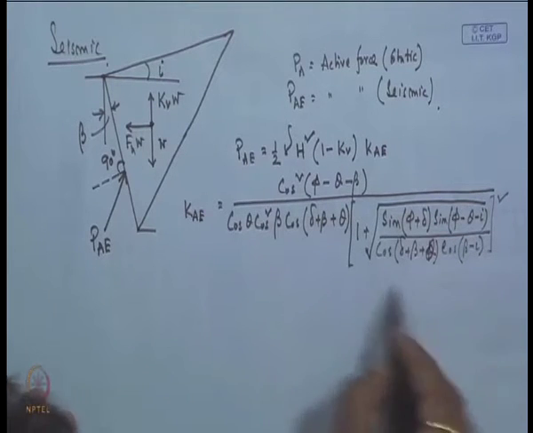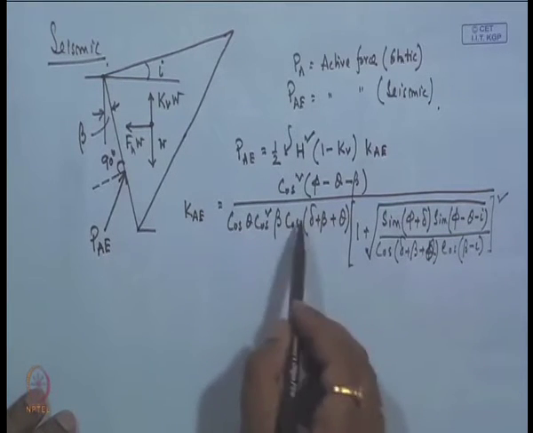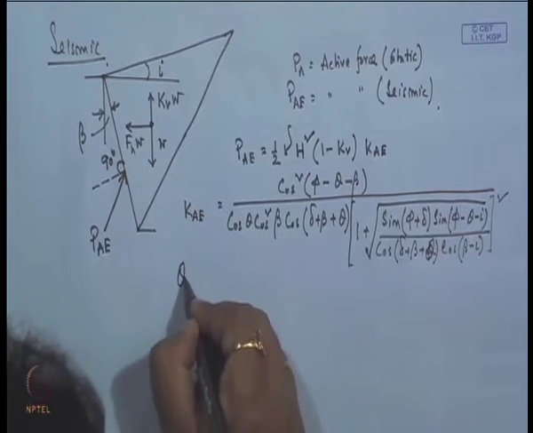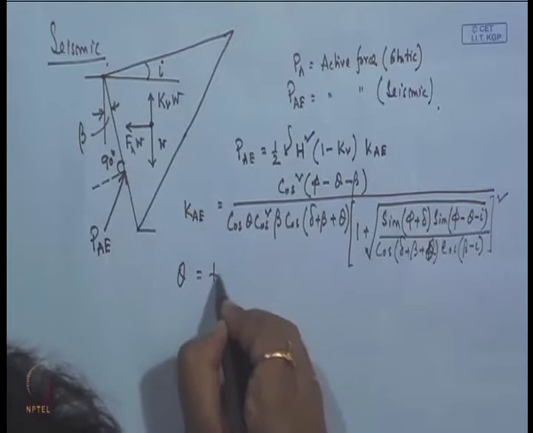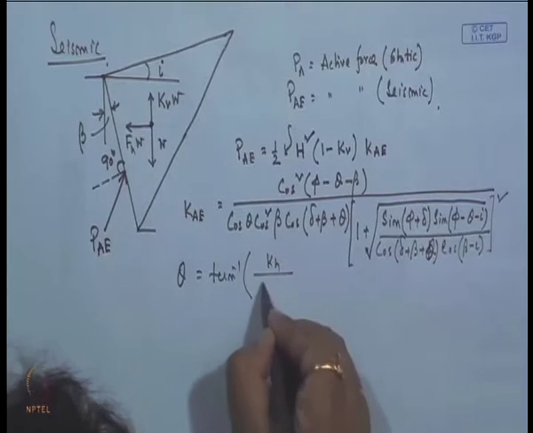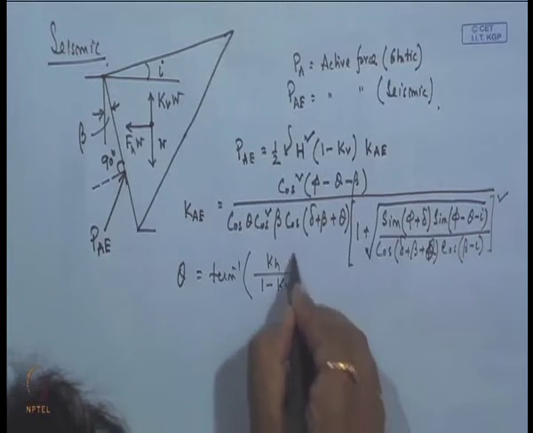So all the terms are the same as the static condition. One additional term is added, which is theta. Theta is tan inverse of KH divided by 1 minus KV.